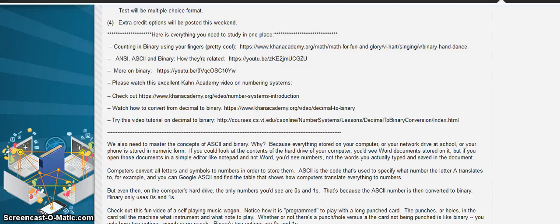So one of the first things I want to talk about is ANSI, which is the American National Standards Institute. Believe it or not, they were founded around 1918 with the idea of creating standards for various things way before computers came along.